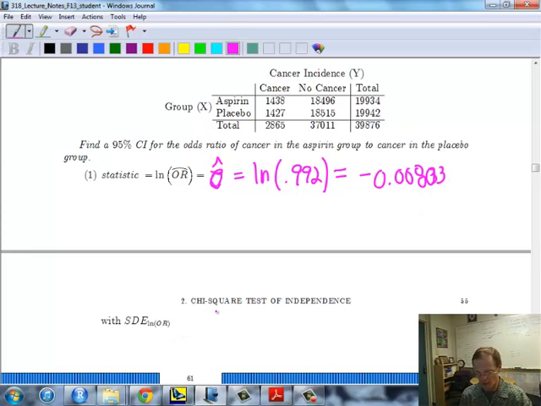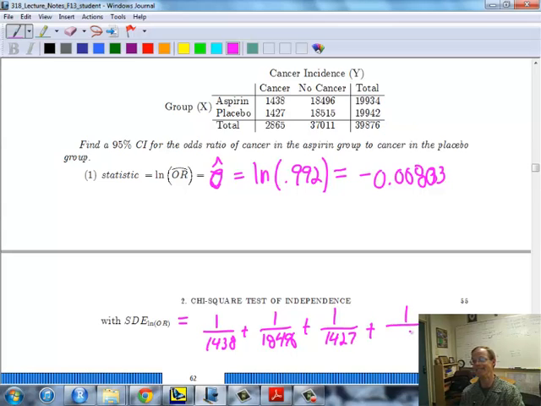Okay, standard error. This is an ugly calculation, so let's write it out. For the two-way table, we have 1 over A, which is 1 over 1438, plus 1 over B, that's 1 over 18496, plus 1 over C, 1427, plus 1 over D, 18515.